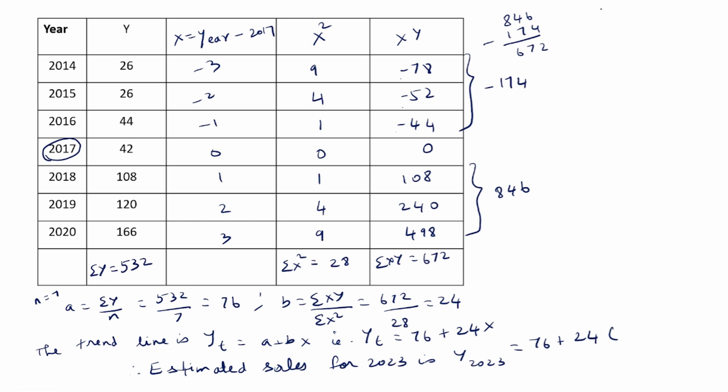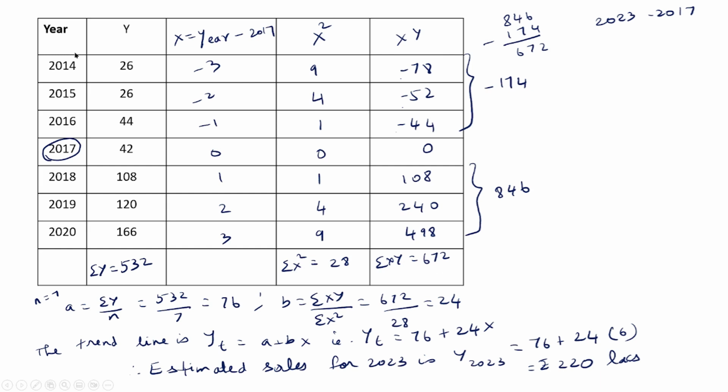So it is 24 into 2023 minus 2017, which is 6. So it is 220. So it is 220 lakhs. Rupees 220 lakhs. So this is the estimated sales for the year 2023.